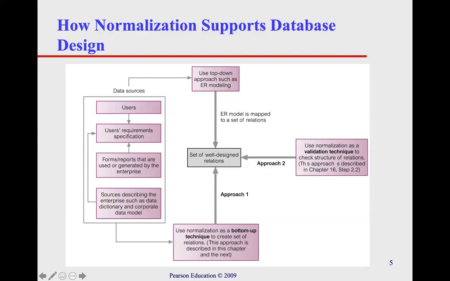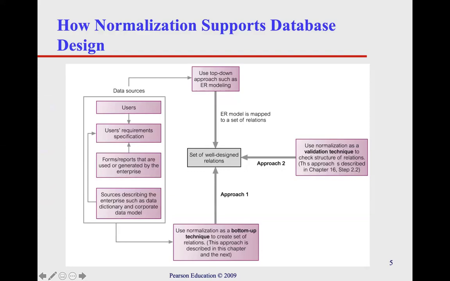And here's the figure that I wanted to show you that shows how you approach design in general. You can have either this top-down approach based on ER modeling or a bottom-up approach based on normalization.